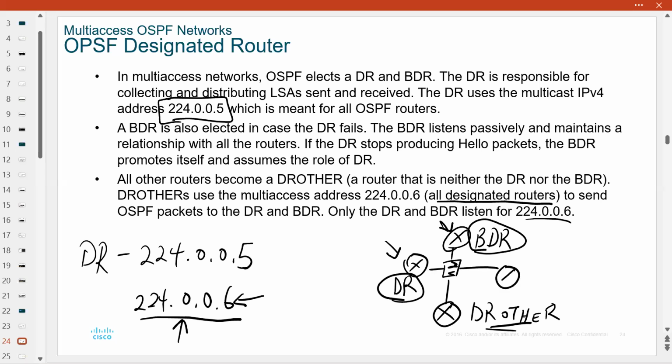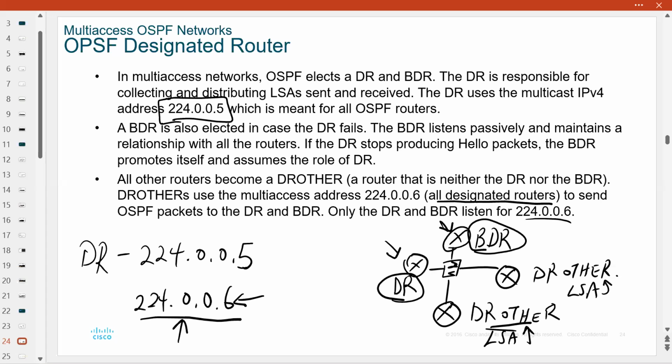Let's have another DR other here. So the DR collects the LSA from this DR other and another LSA from this DR other. It collects all of them, multiple routers. It consolidates them, and it needs to send an update to every other router now.